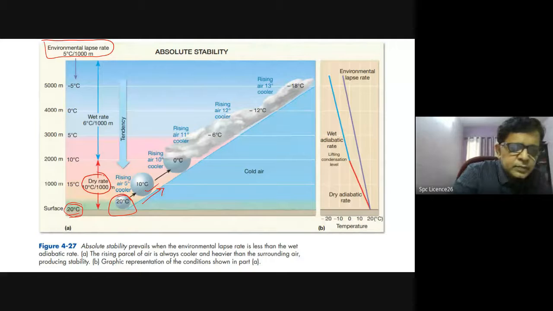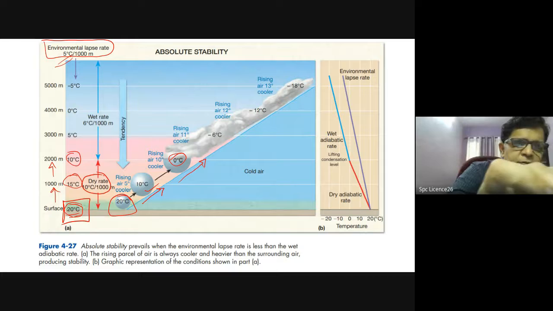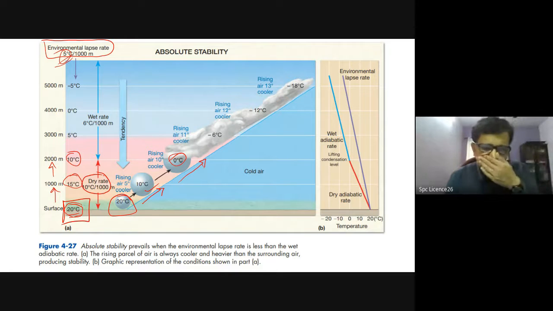But here, in 1 kilometer, there will be a drop of only 5 degrees because the environmental lapse rate is 5. Normally at low temperatures, the environmental lapse rate is low. If the temperatures are high, the environmental lapse rate is higher. We're going to see this in the next diagram. Now, you climb another kilometer from 1 to 2 kilometers, this temperature will fall to 0, while this has fallen to 10 only because 15 minus 5 is going to be 10.